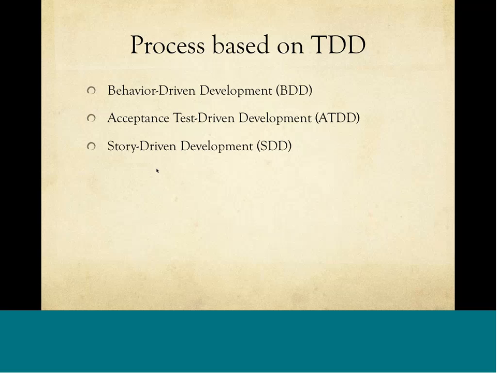Acceptance test-driven development is probably one of the more applicable ones that I've seen, mainly because when you write stories and your test team takes those stories and starts writing acceptance tests for them, you take those acceptance tests and then you will write in the very beginning your unit tests based on those acceptance criteria.